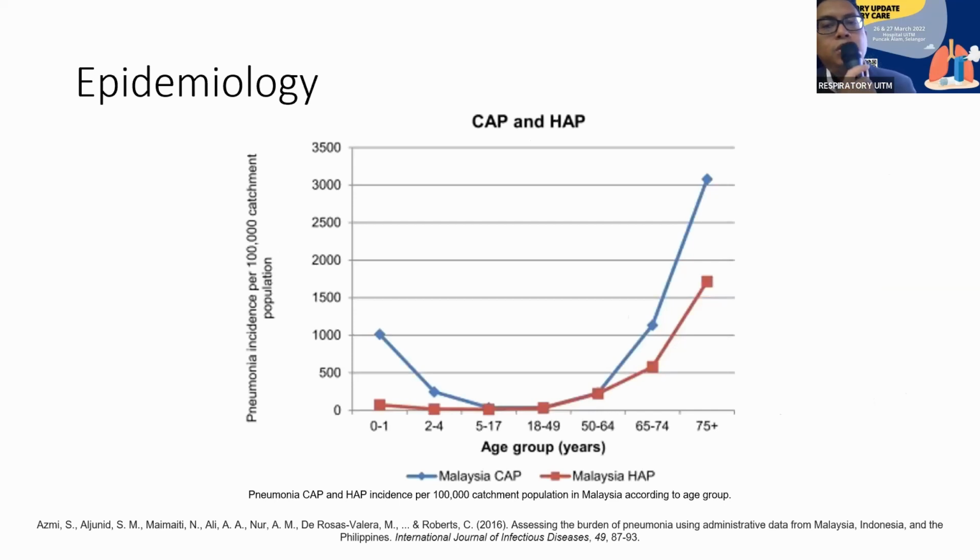If we look at the hospital admissions for pneumonia, we can see the numbers of hospitalization for pneumonia are common among the extreme ages, either less than 5 or more than 50 years old, both for community-acquired pneumonia and hospital-acquired pneumonia.